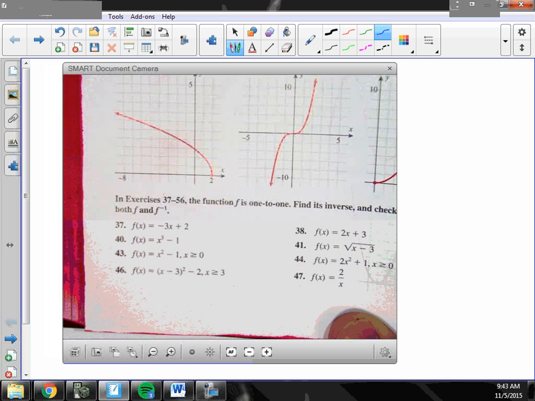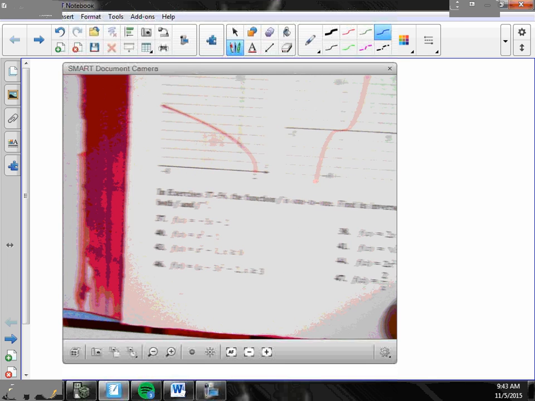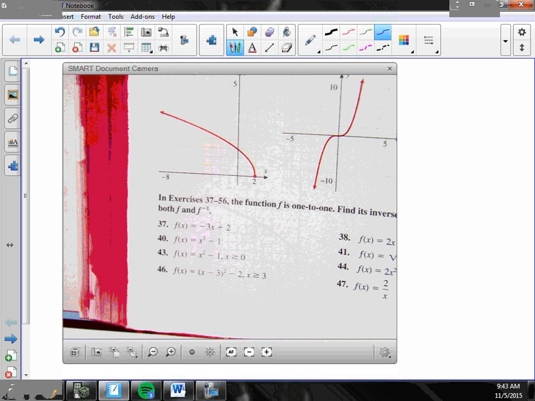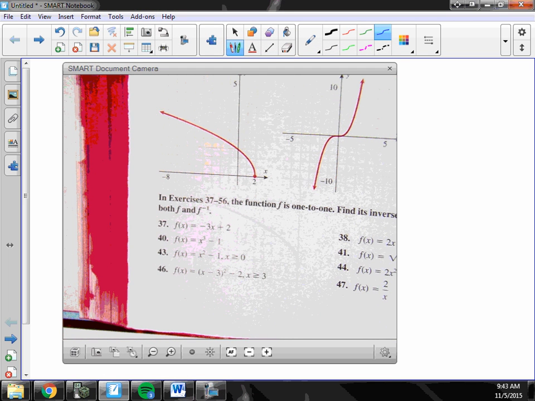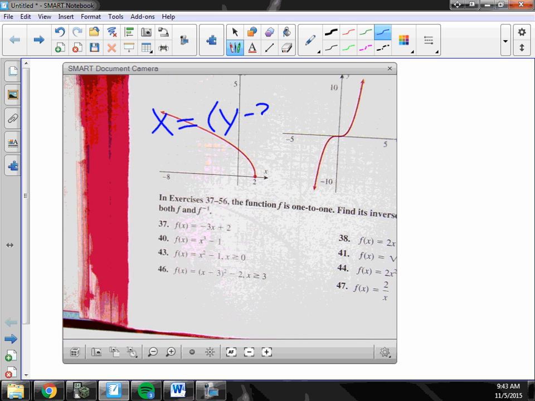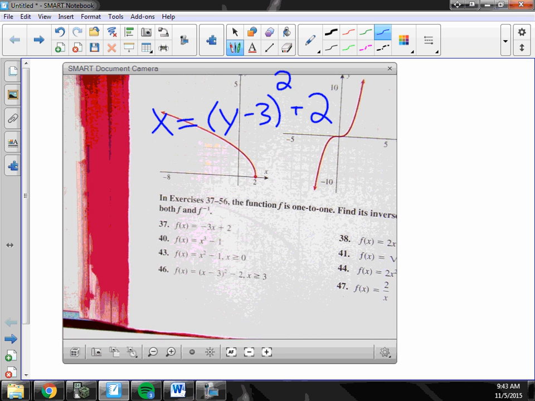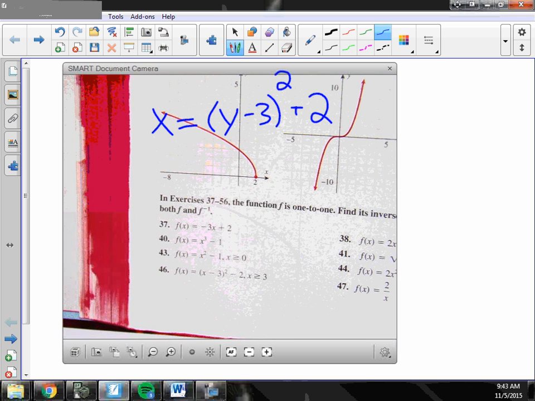So let's do 46. So x equals y minus 3 squared plus 2. What is the domain of this? Are there any numbers you cannot, well, sorry, the original.